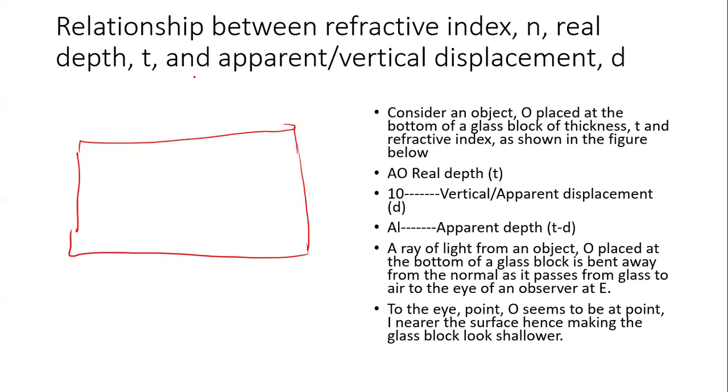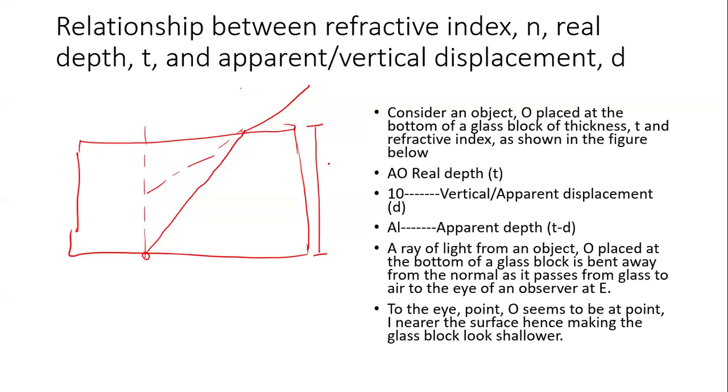So that is my simple sketch, because we have said that consider an object O placed at the bottom of a glass block. So this is an object O that has been placed. So this is going to be our real depth.